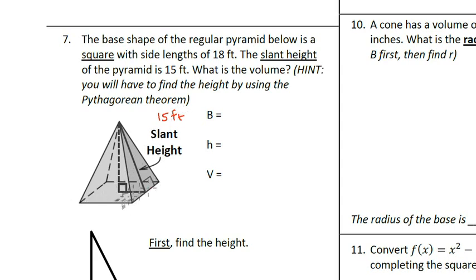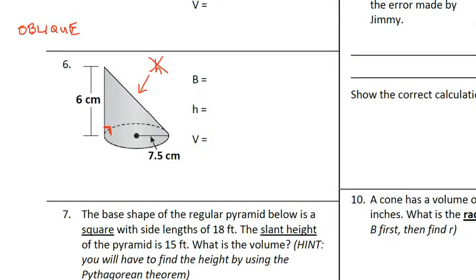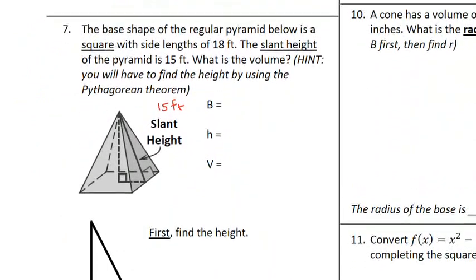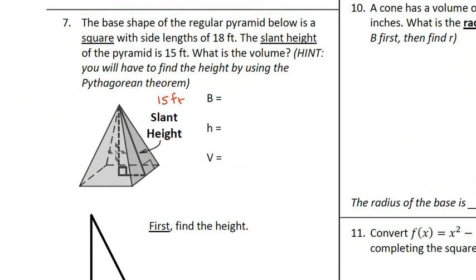If I did, for the base, that's 18 and 18. They give you a slant height, and remember, we're learning here, you can't use slant height to figure out the volume. You're going to have to figure out what the actual height is, and we want to know, what is this dash line right here? What is the height? Come to the rescue, Pythagorean theorem.